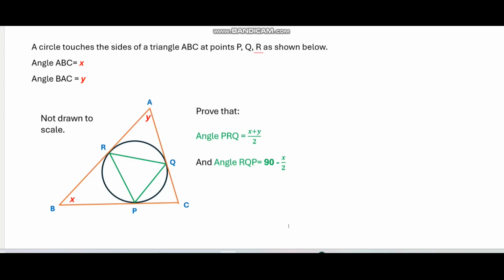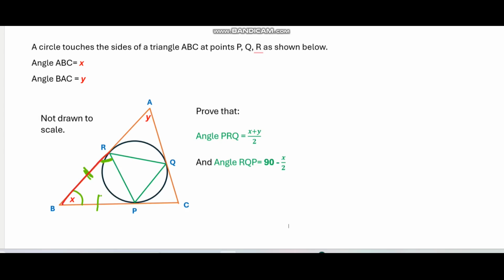So, if this angle is x, because this is equal to this, so BR is equal to BP, we can find this angle, because we have an isosceles triangle.